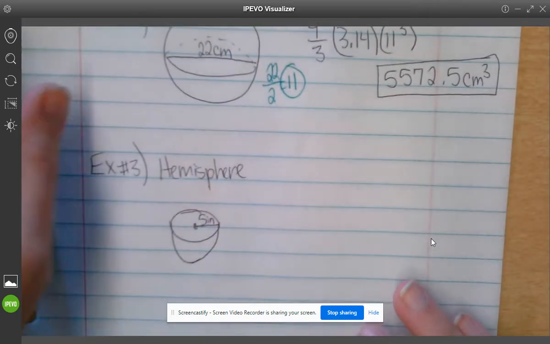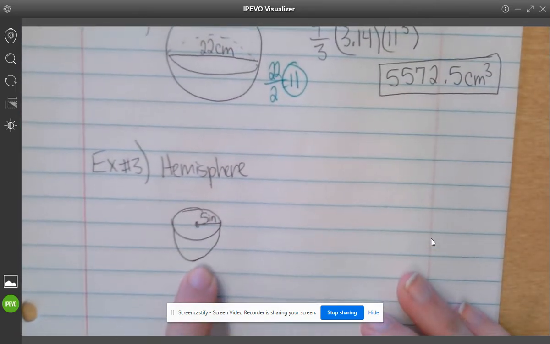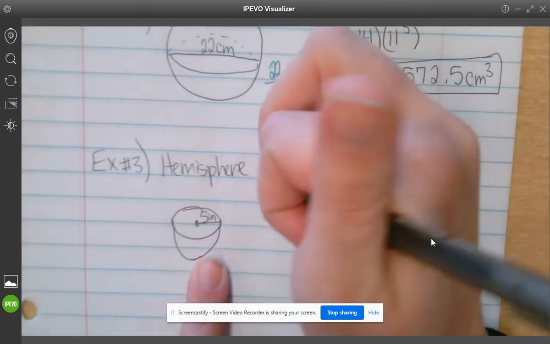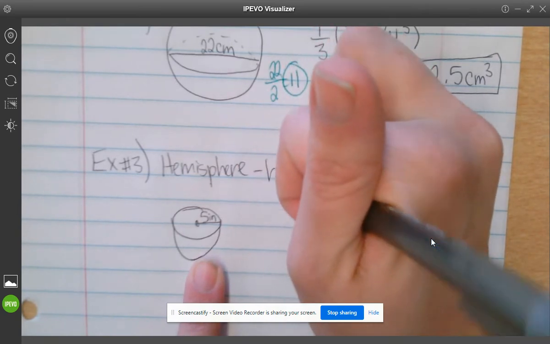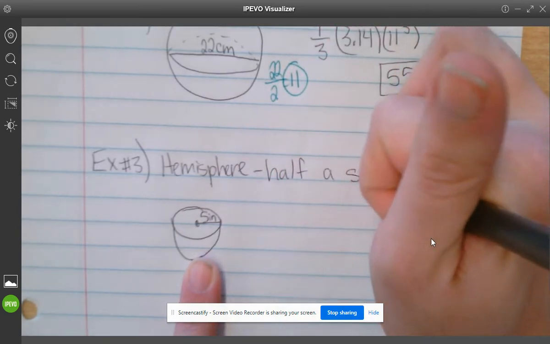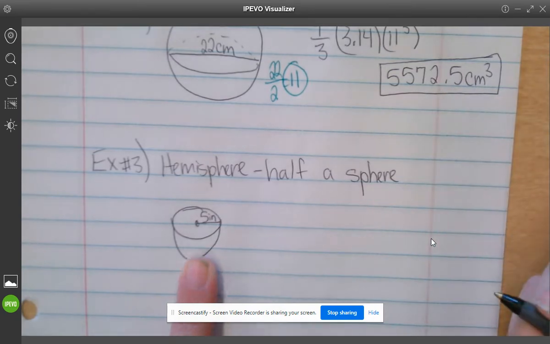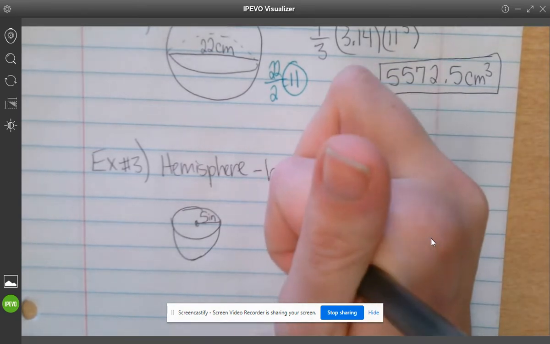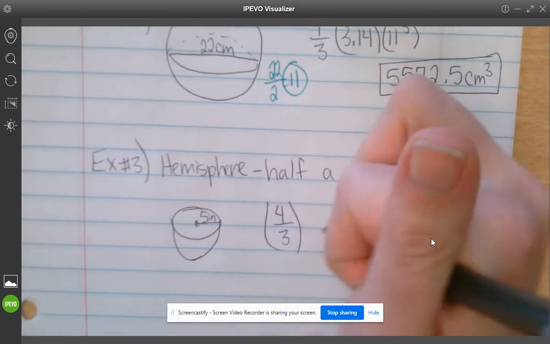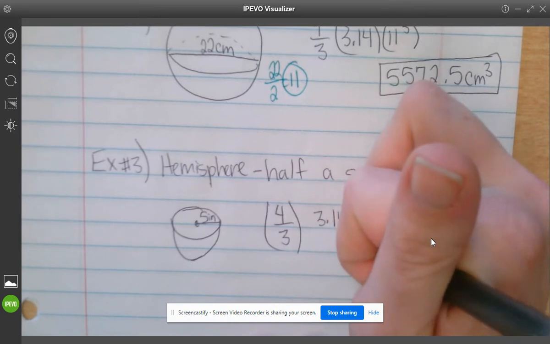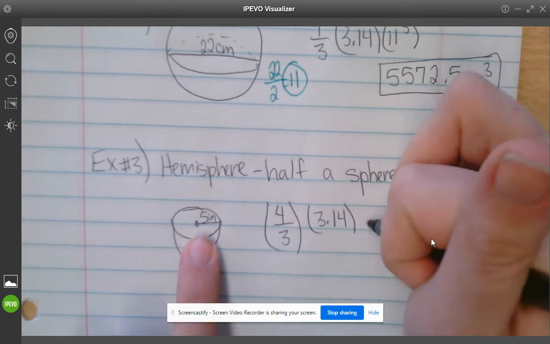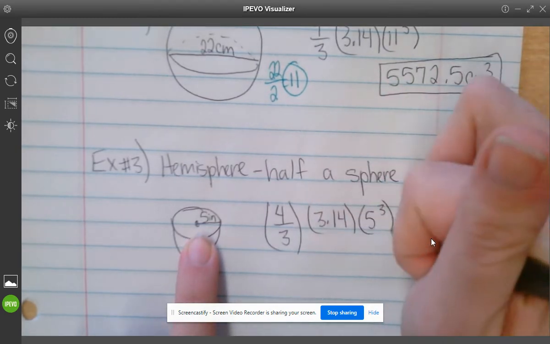All right, the last one, a hemisphere. This is a terrible picture of a hemisphere, but a hemisphere is just a fancy word for half a sphere. So we are going to do our same equation. My radius here is 5 inches, so 5 cubed.